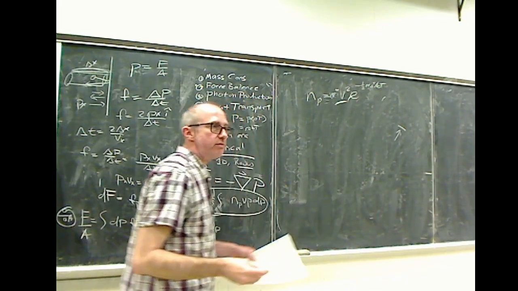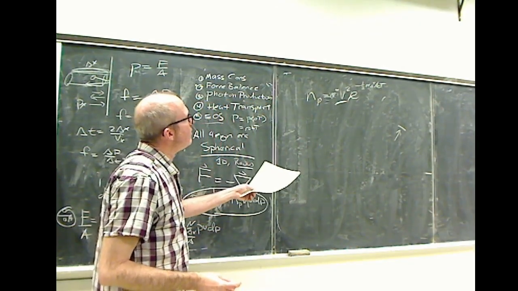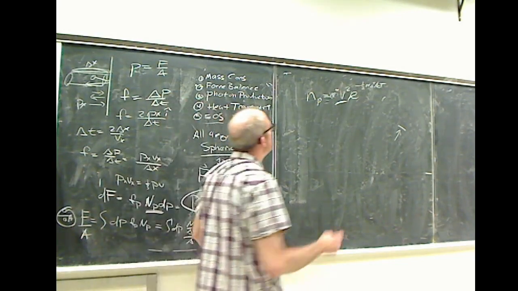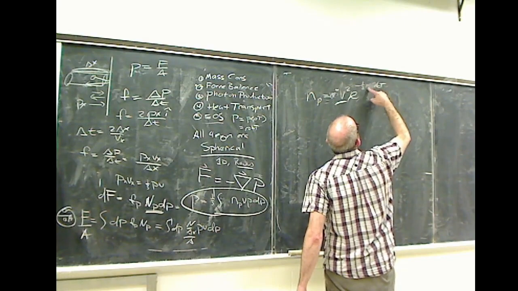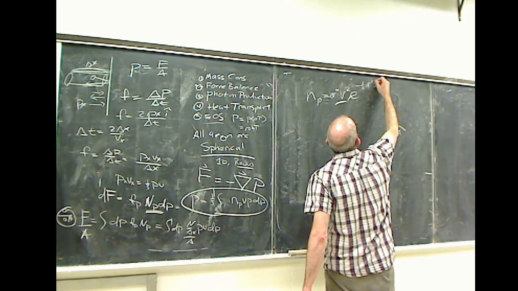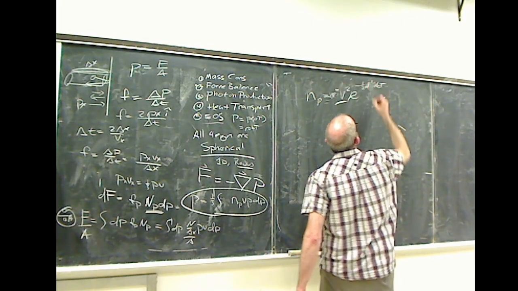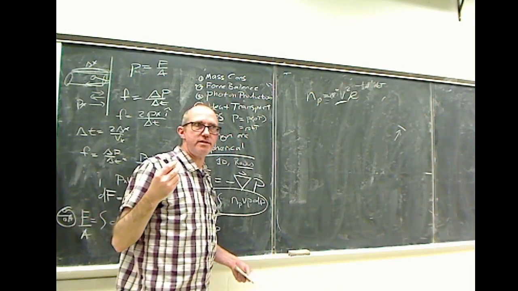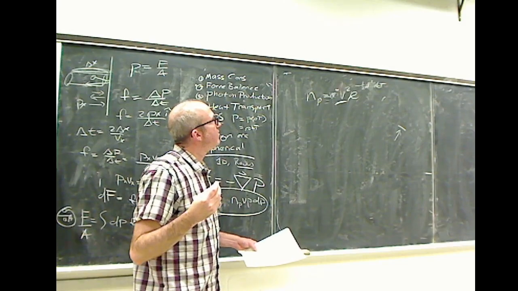Make sure that the width is right. So this is the number of particles with, oh, I'm sorry, I wrote this as p. p squared over 2m. That's fine. That's not illegal.